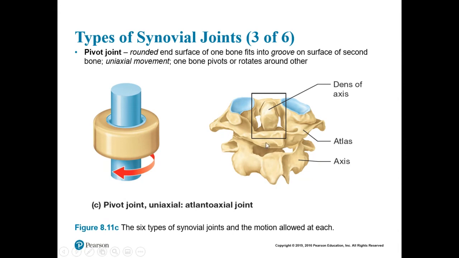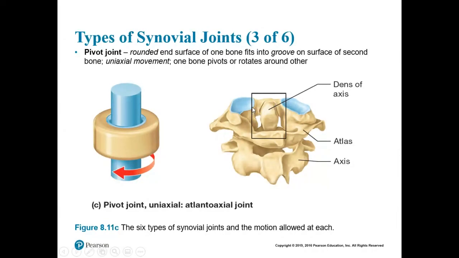The one we're looking at is the atlantoaxial joint between C1 and C2. I just wanted to show again the marking known as the dens of the axis that allows for this pivot joint to take place. So this is basically one rounded end of one bone moving into a groove on a second bone. Again, very similar to what we saw in the elbow, but this occurs at C1.